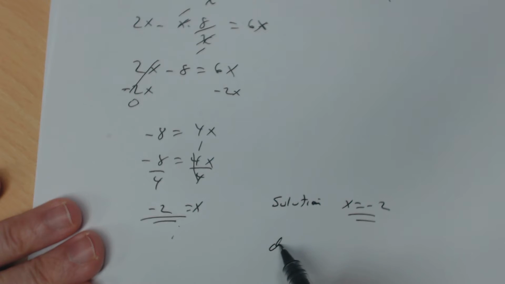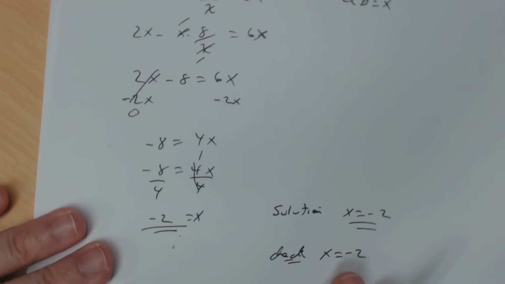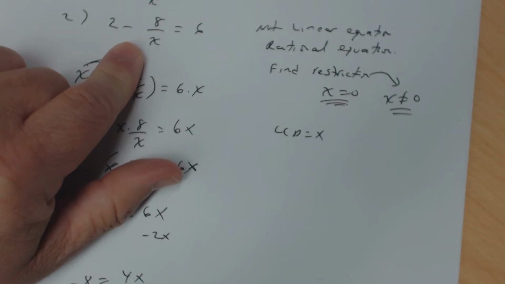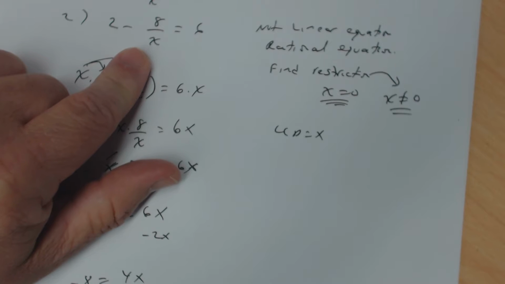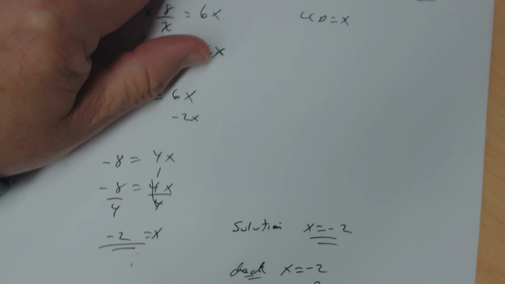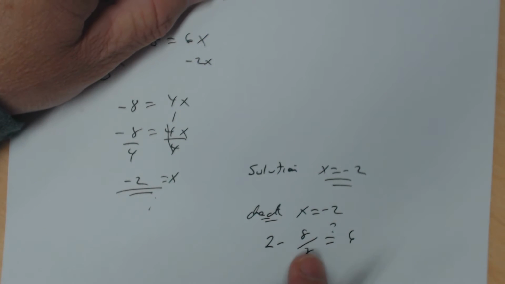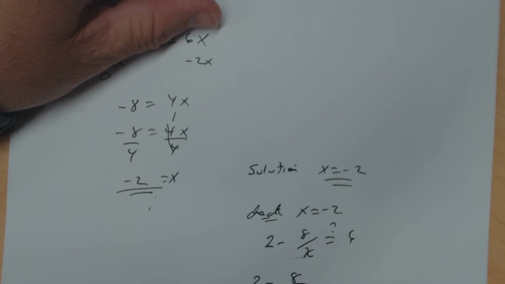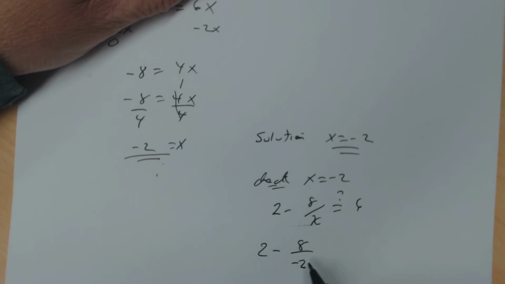Now again, you can always check. We're not going to constantly check this because of time constraints, but you can always check. Go back to the original problem, and wherever you see the variable x, you plug in negative 2. So here's the original problem: 2 minus 8 divided by negative 2. I want to see if that's going to equal 6.